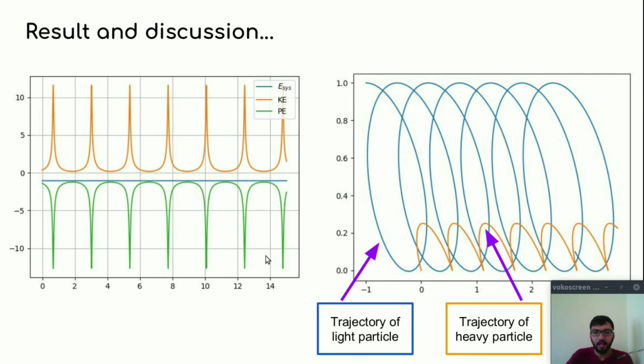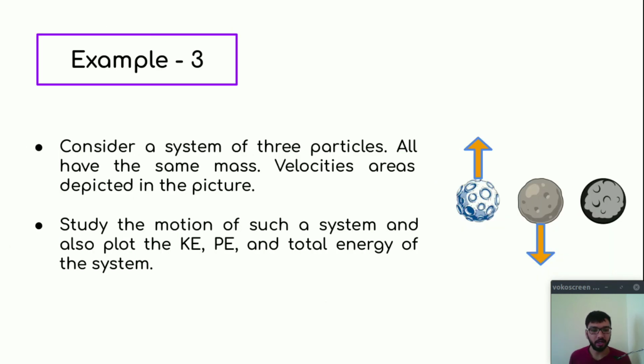Right, let's move to our third example, which is a kind of complicated example. In this system we have 3 particles, right? A 3 particle system. All particles have the same mass and velocities are as depicted here in this image.